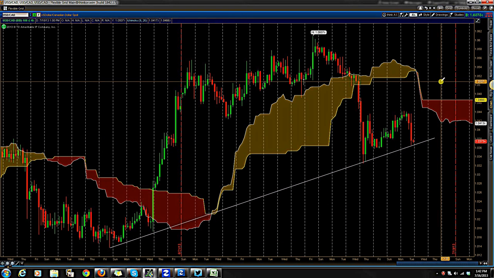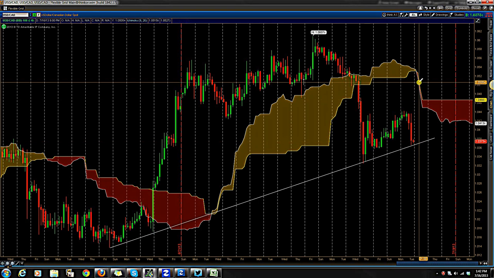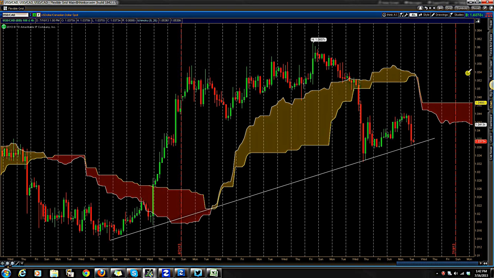Dollar CAD, unlike dollar Swiss, is finding support at its rising trend line. So we have some support for the pair around 103.70. If we get a break below that, then we could see price possibly head towards around that 101 or the 102 level, in my opinion.